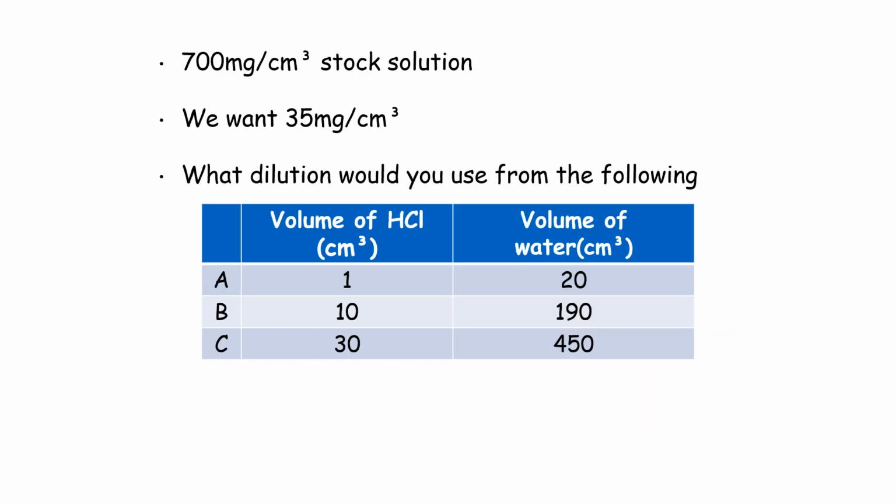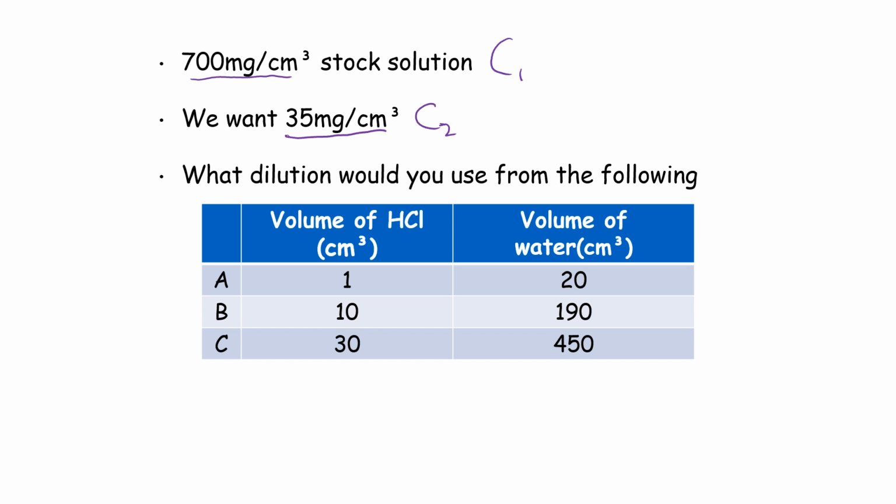So here is an example question. What we want to do is we want 35 milligrams per centimeter cubed. That is our concentration 2. This is our stock solution, that's concentration 1.